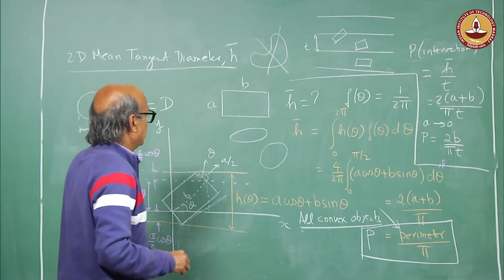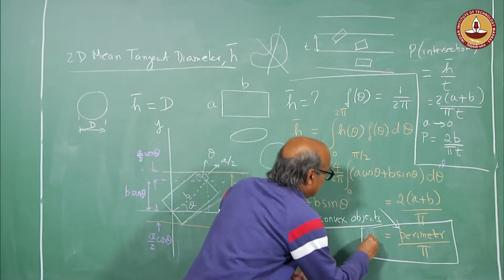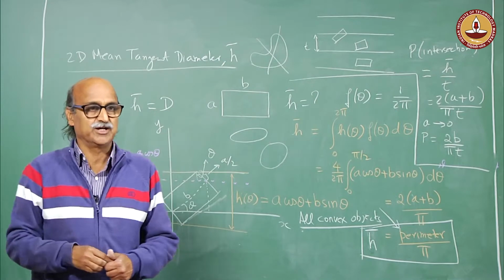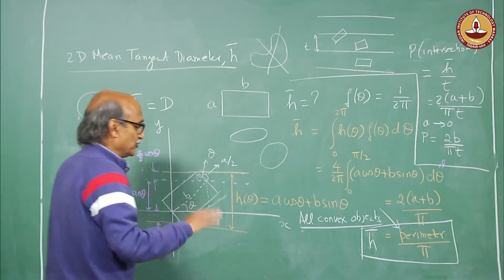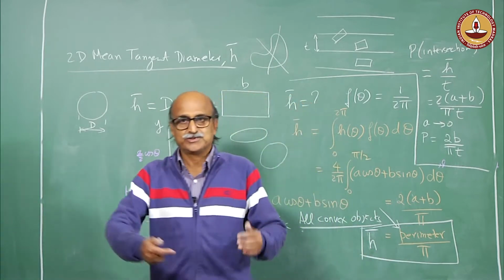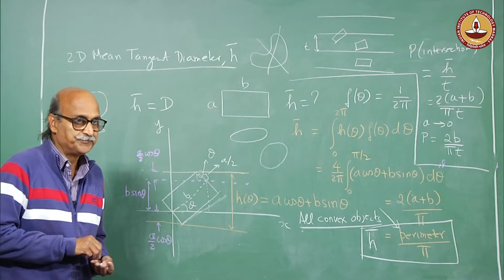I am sorry, this is not the probability, this is h bar. The mean tangent diameter in a two dimensional convex object is nothing but simply the perimeter of that object divided by pi.